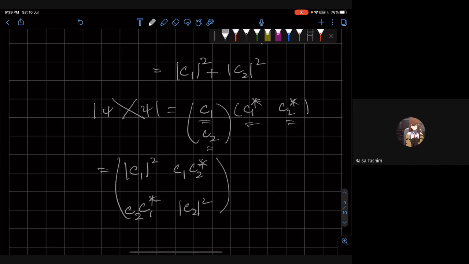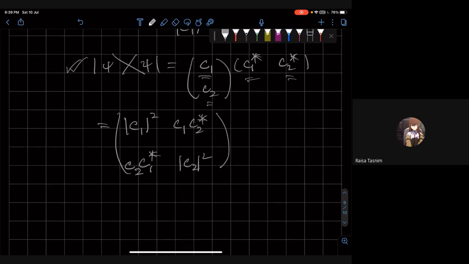Then, taking the outer product, you get a matrix, right? So the matrix is an operator acting on a two-dimensional Hilbert space. We can think of this as an operator, because this thing can act on states.